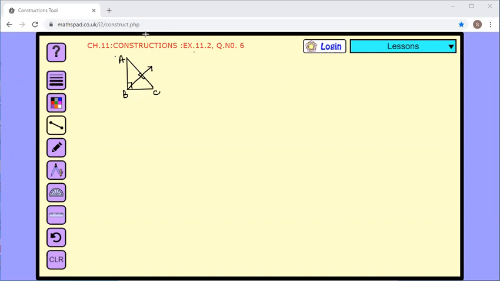So we have to draw a circle passing through these 3 points. This way, we have to draw a circle which is passing through these 3 points B, D, and C.